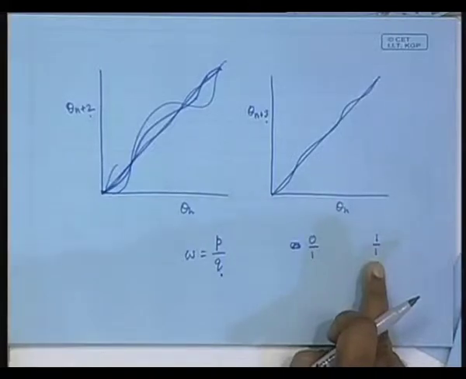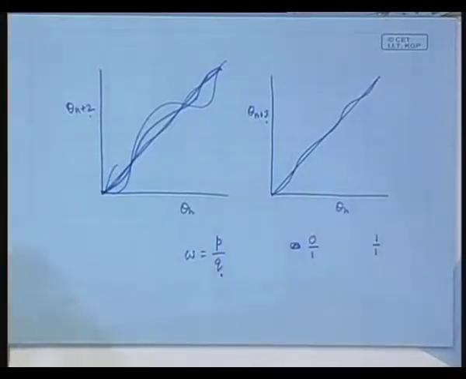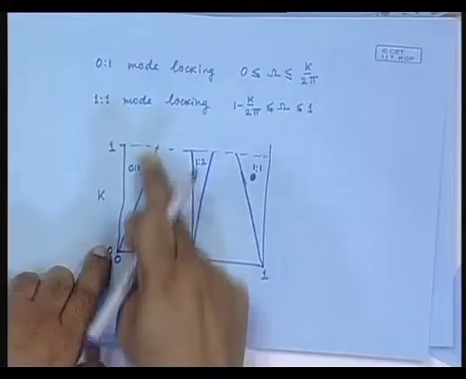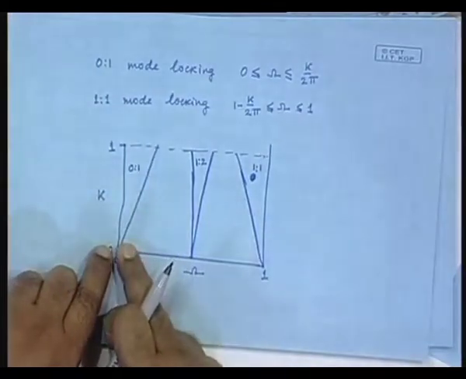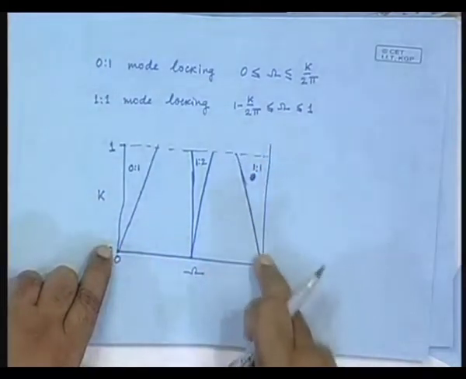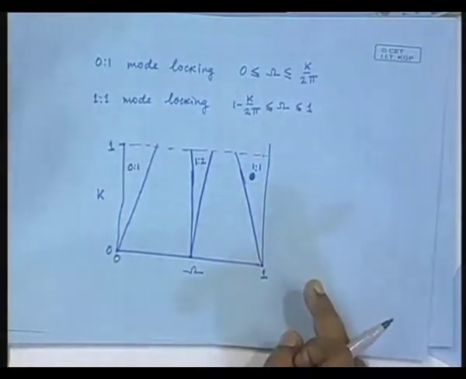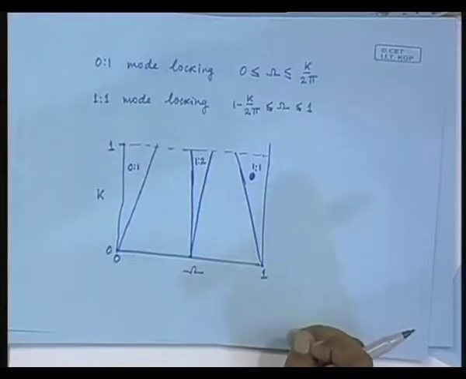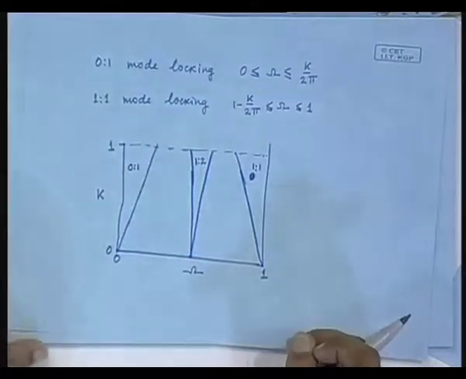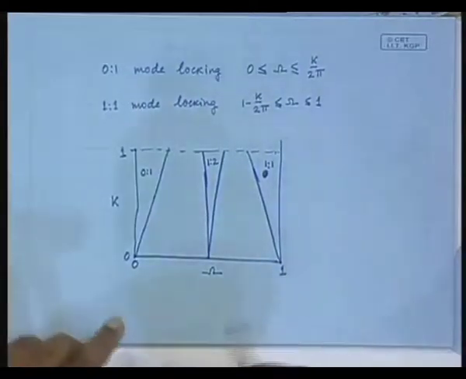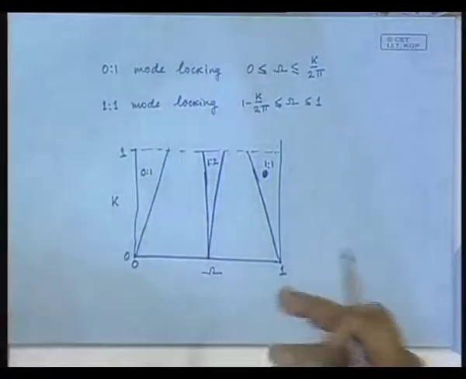Infinite. As a result, it is not difficult to see that within these two ranges, here is the range of occurrence of 0 to 1 mode locked window, here is the range of occurrence for 1 to 1, in between there should be all these infinite period mode locking windows. Okay. We also conclude that the higher the periodicity, that means the higher the denominator, the narrower will be the range.